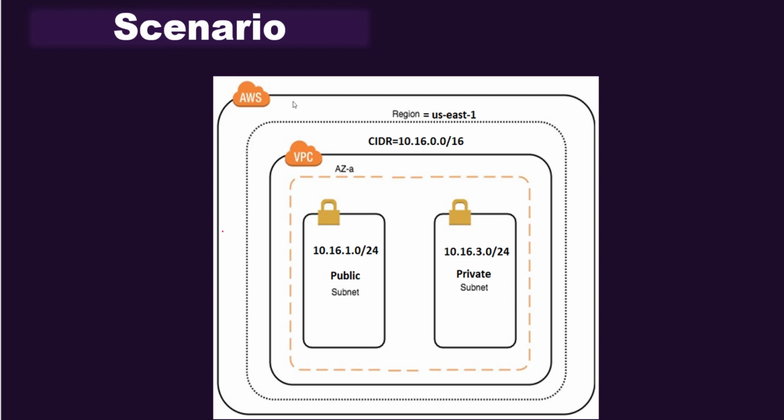If you look here, for example, for the dev environment in the US East 1 region, we have created this VPC with this CIDR block. From this CIDR block, we have created one public and one private subnet in this availability zone.